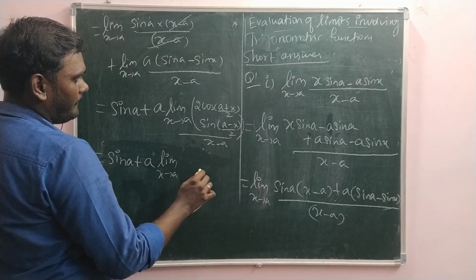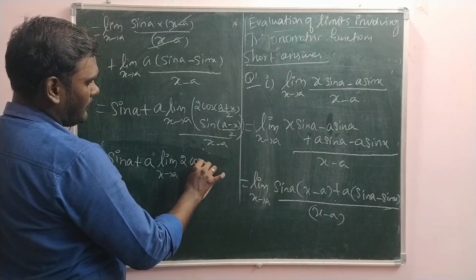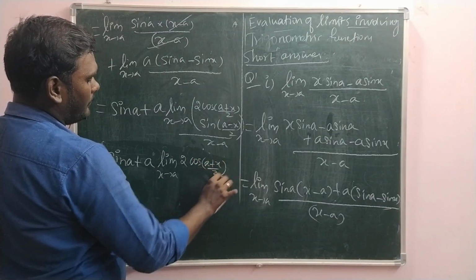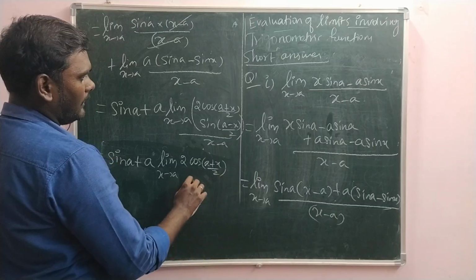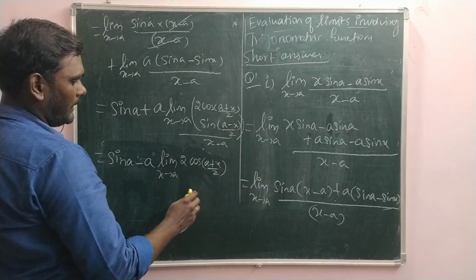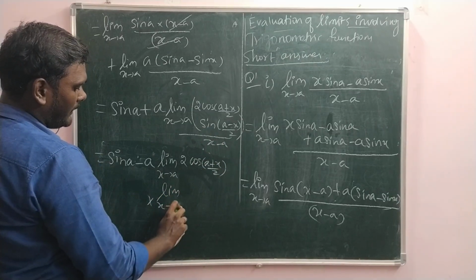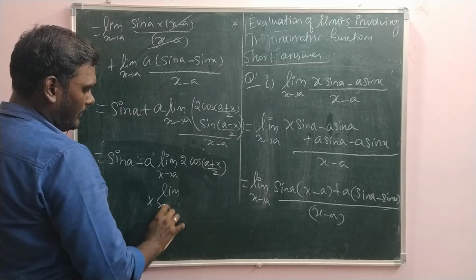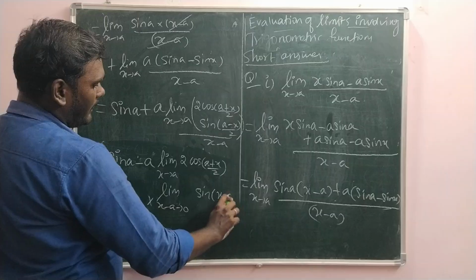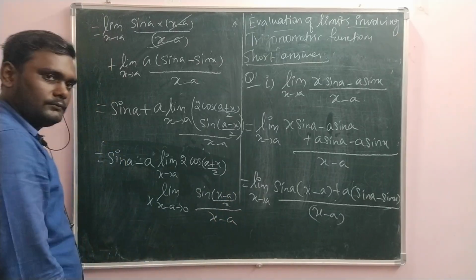Limit x tends to a into 2 cos a plus x by 2, and we'll take minus as common, into limit x minus a tends to 0 sin of x minus a by 2 by x minus a.